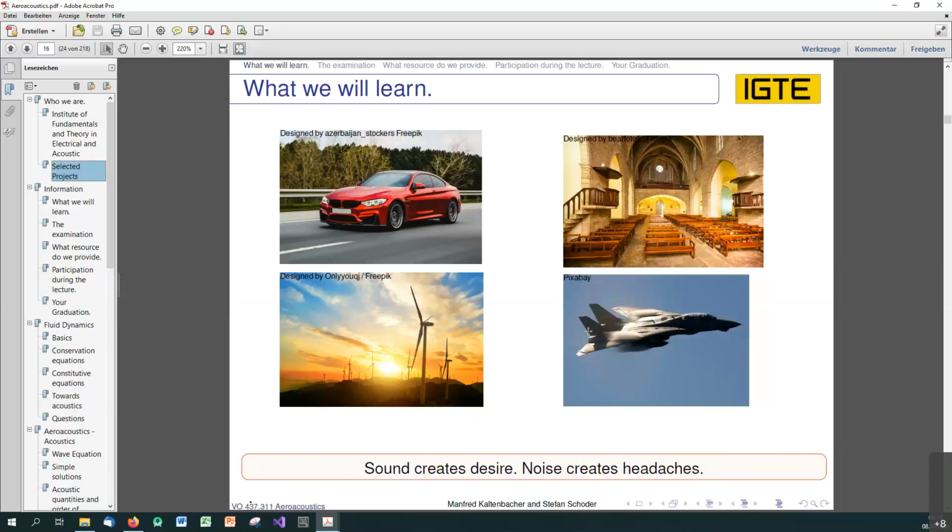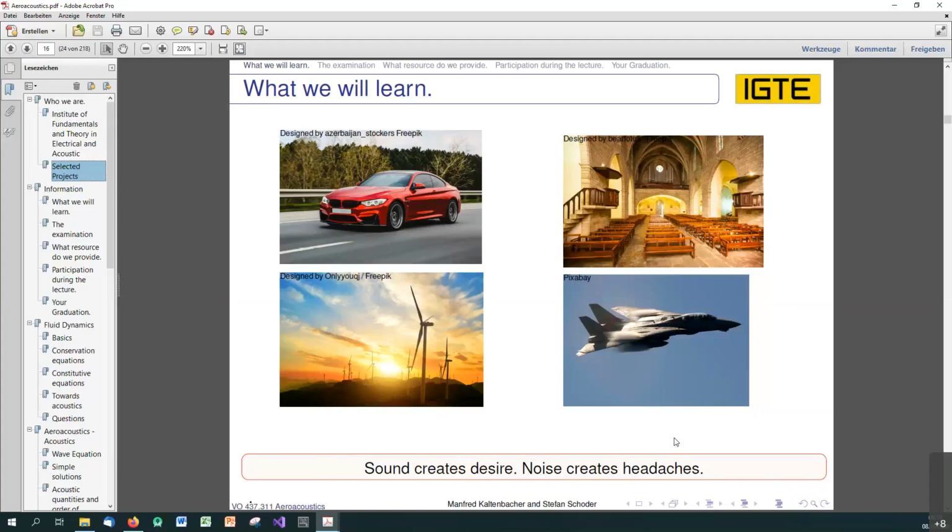There's also the idea that we can differentiate between sound and noise. Noise, not in terms of measurement noise, but noise is kind of the bad sound, and sound creates desire, and noise creates headaches, and we would like to produce better sound quality and reduce the noise in order to reduce the stress on people's minds.